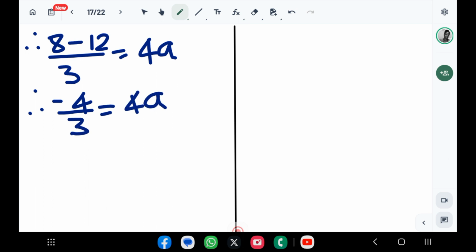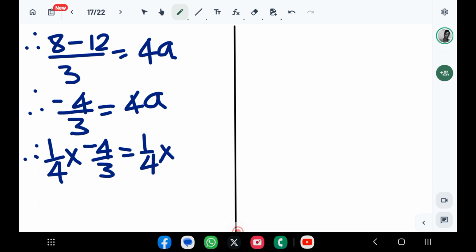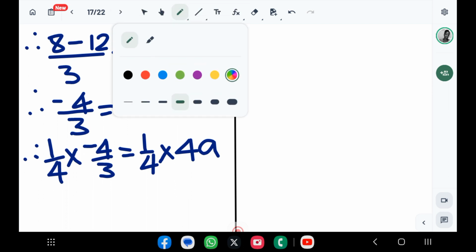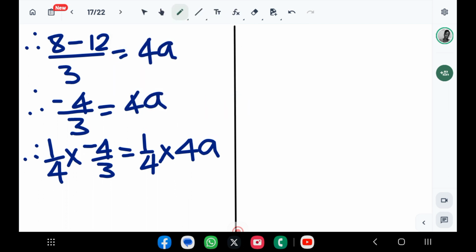Now what you do is divide both sides by 4. That's the same thing as multiplying by 1/4 on both sides, which gives 1/4 times 4a. Now they cancel out: 4 cancels with 4 and 4 cancels with 4.